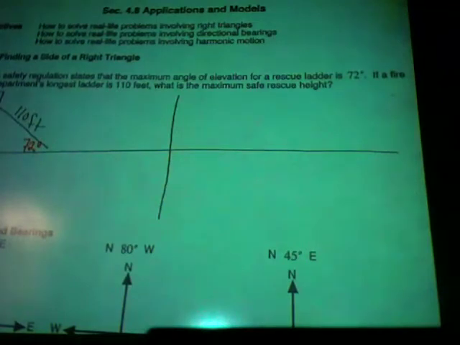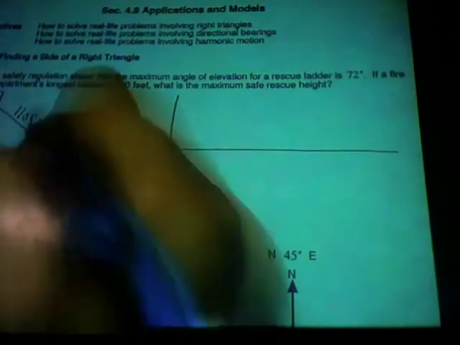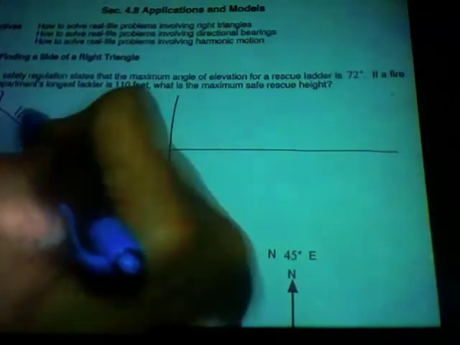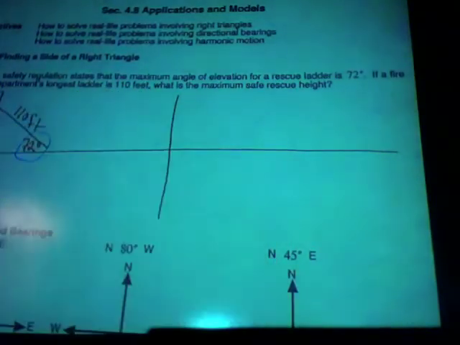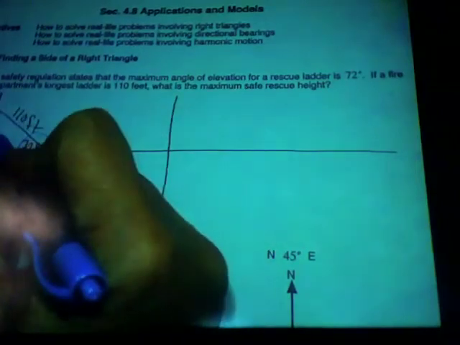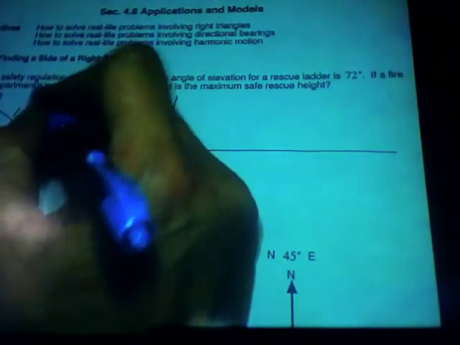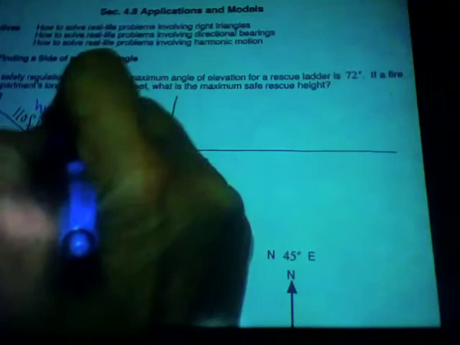Is this similar to the angle of elevation? Correct. We use that knowledge here to figure out where the 72 went. So the 72 degrees is your angle of reference, is it not? Then I only have two sides of the triangle that we've talked about. Is this side, the x, the side opposite, adjacent, or the hypotenuse? Opposite. So this is opposite, and this is, Matt already said, the hypotenuse.